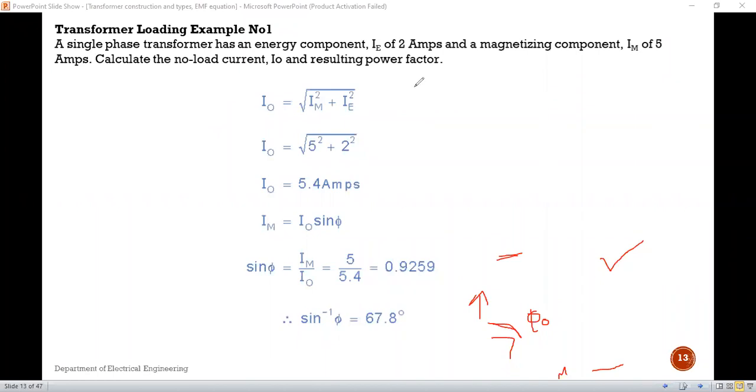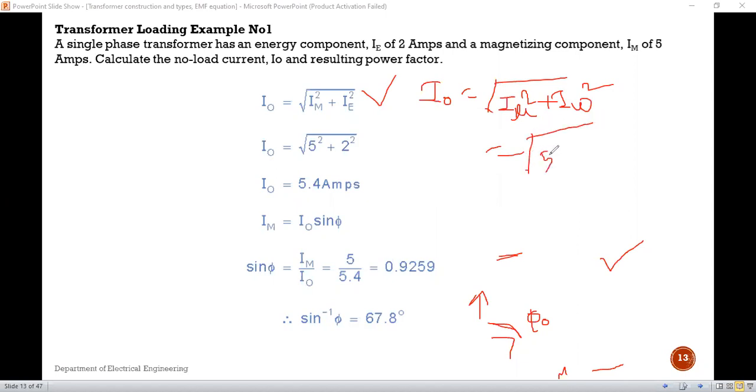See, as I have told the formula, I0 equals under root of I mu square plus IW square. I mu is nothing but the magnetizing component, whose value is 5, square of that, plus the working component value 2, square of that.